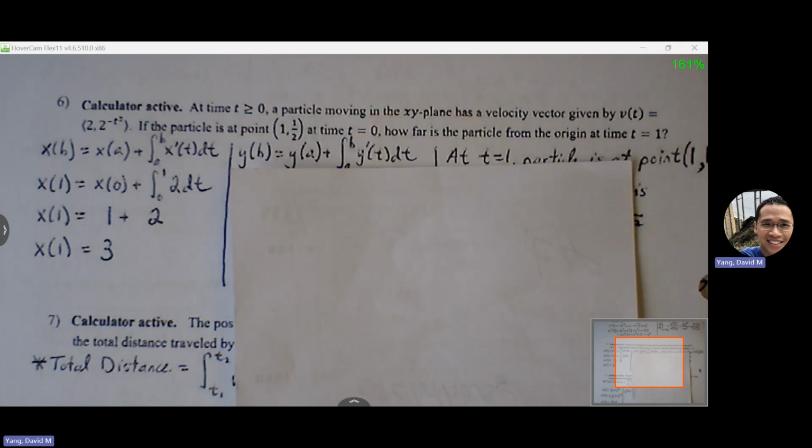So we can just go through the displacement formula to figure out how much he actually travels. So we know that he starts off at x equals 1. He's going to move 2 units to the right, and so he's going to end up with an x value of 3. Okay, apply the same process for the vertical motion.